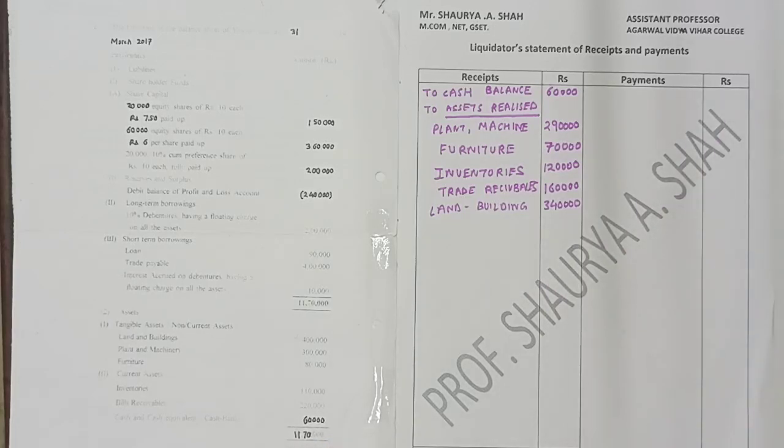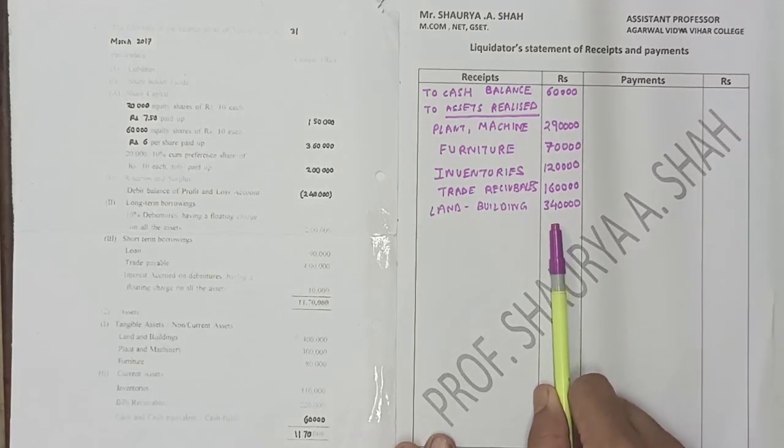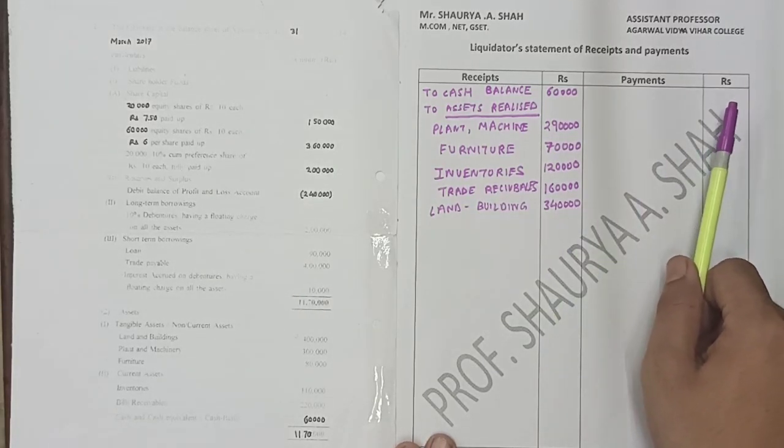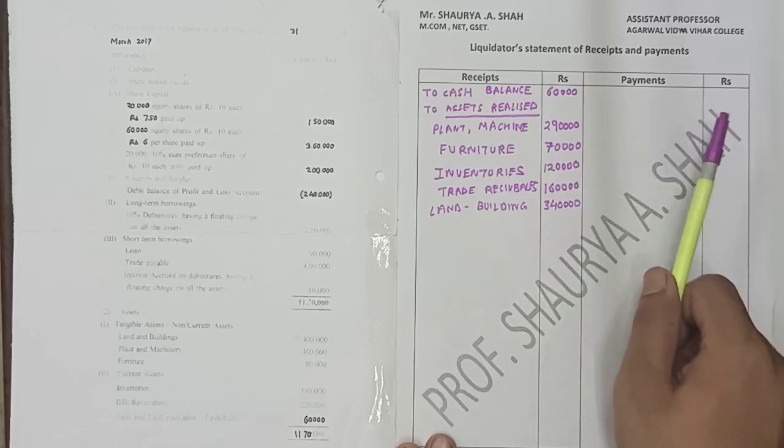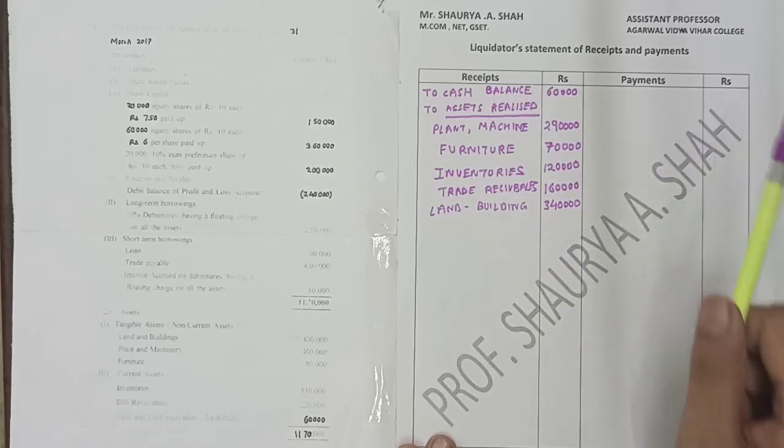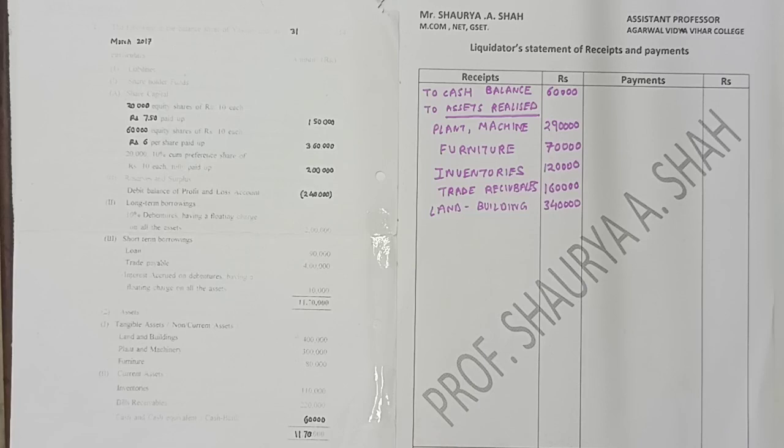So that can also be done, but then if you write down 2,40,000 here, you have to write down 1,00,000 here, that is again deducting from here, and you will not write down 1,00,000 secured creditors here, right? That is another point. We will see once we solve the sum, then I'll tell you the alternative also. Doesn't make any difference on the sum, fine. So what I have done is, students, I have directly written land and building also 3,40,000 here, fine. No other thing on your receipt side.